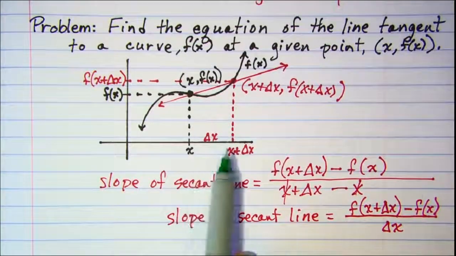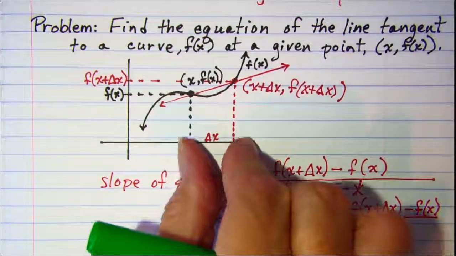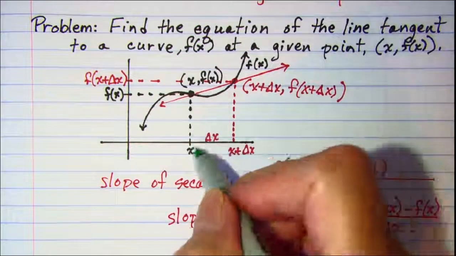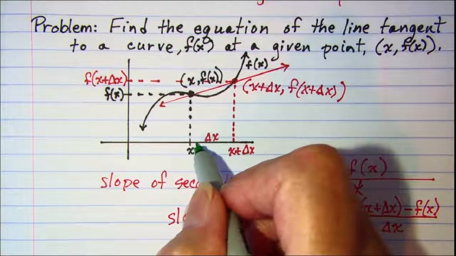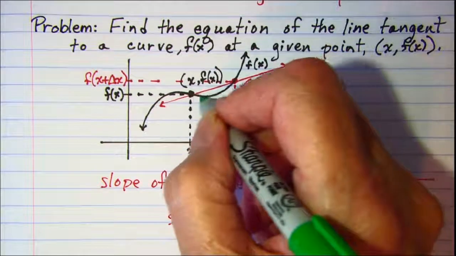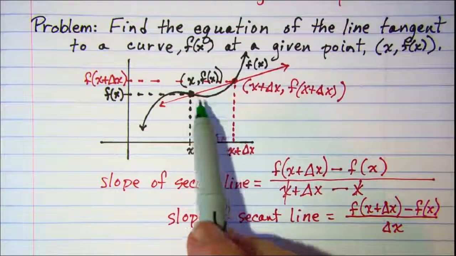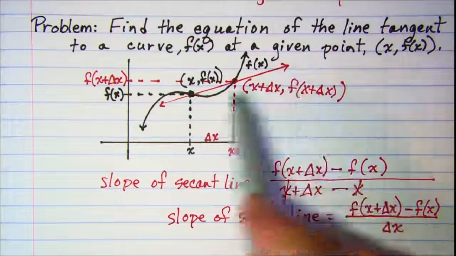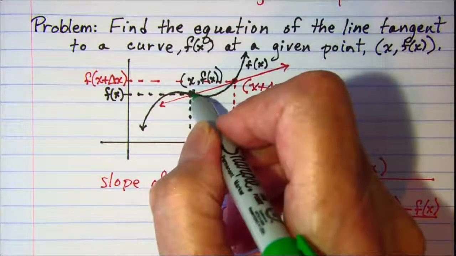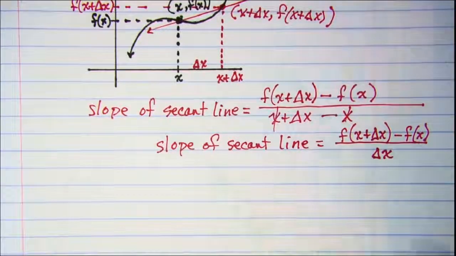Now if we take this distance and make it smaller and smaller until delta x is almost 0, then this point will come closer and closer to our given point. When that happens, our secant line would become our tangent line at this point. So that leads us to a definition.